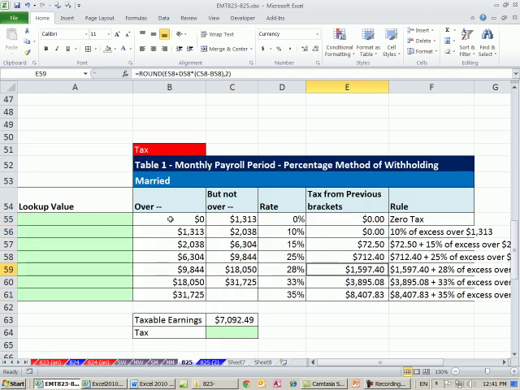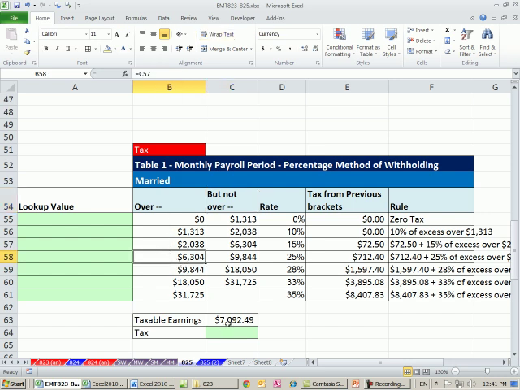So there's one problem with this, though. And this is a typical income tax table, whether corporate or individual or married or single or weekly or monthly or whatever. They have a column header here that says over, and then but not over. Now normally for any lookup functions, the first column has to have the smallest number in the category. But check this out.